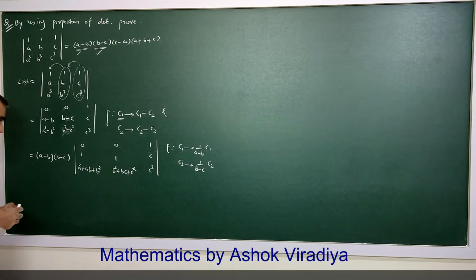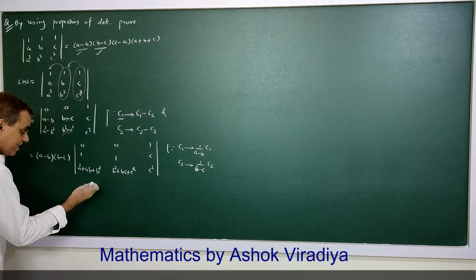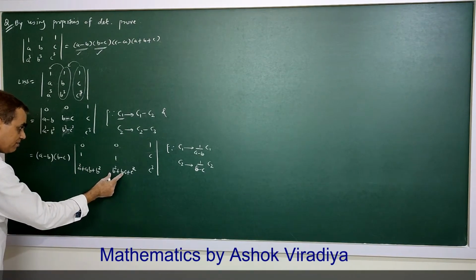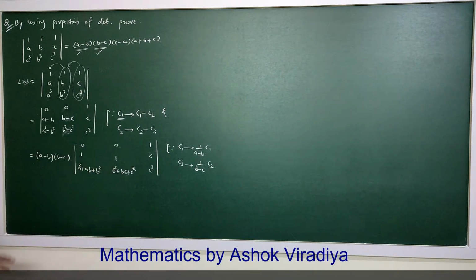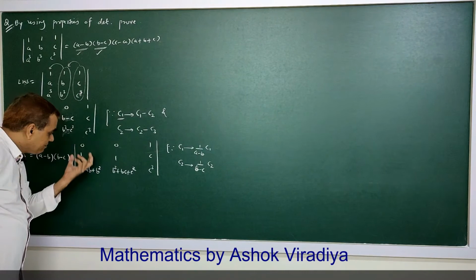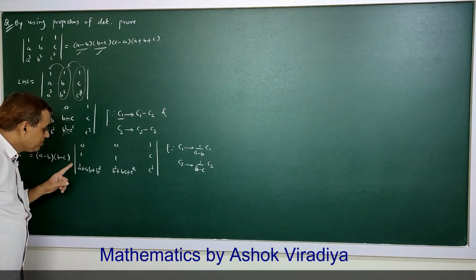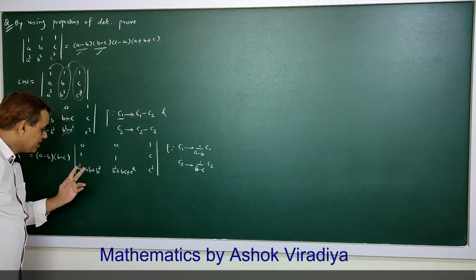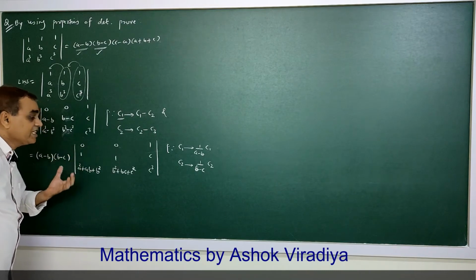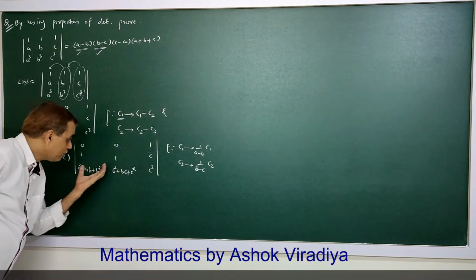Now look, here if in the first column the second column is subtracted, here we will get one more 0, here b square will be cancelled, here a square minus c square, so a minus c can be created, can be produced in this corner by taking subtraction of these two.